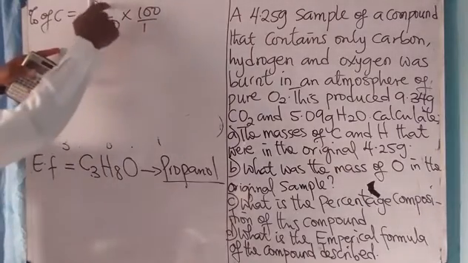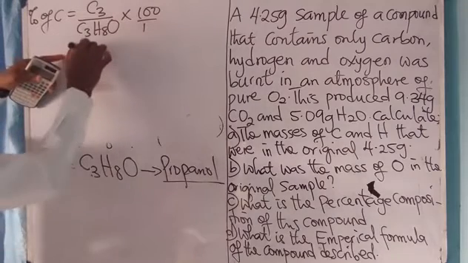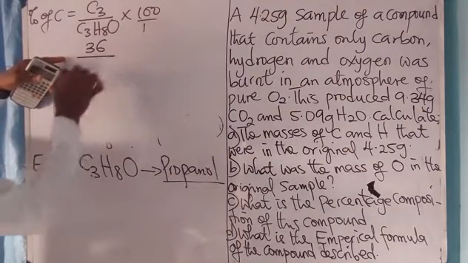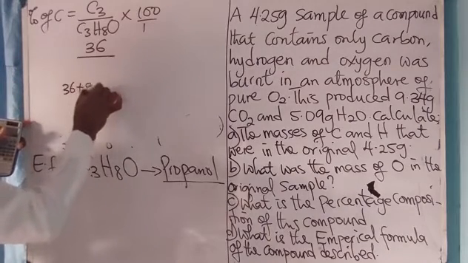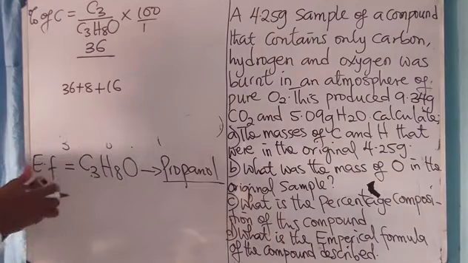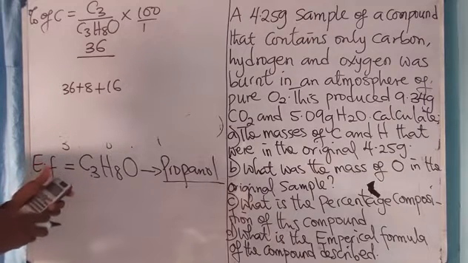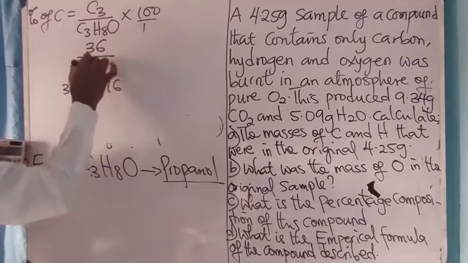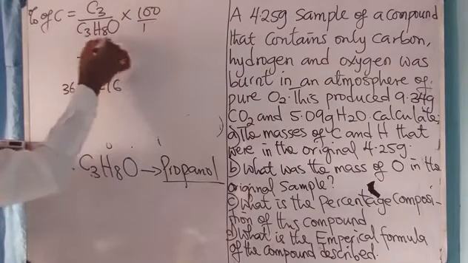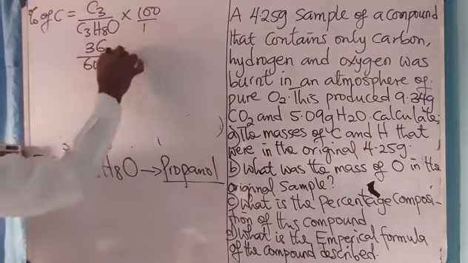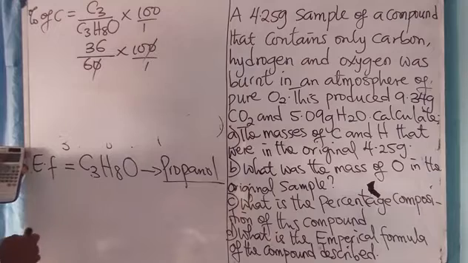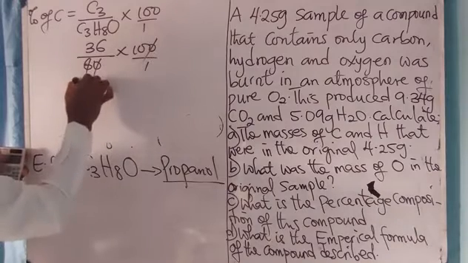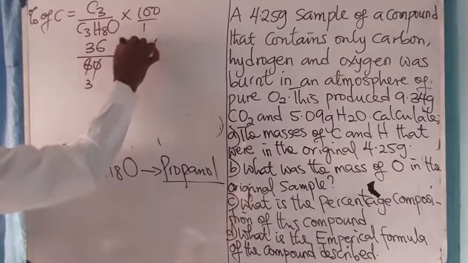Carbon is 12, so 12 times 3 is 36 over the molar mass of this. 36 plus 8 plus 16 will give me 60. So the molar mass of propanol is 60. Then times 100 over 1. This will go into this, 2 here 3, 2 here 5.